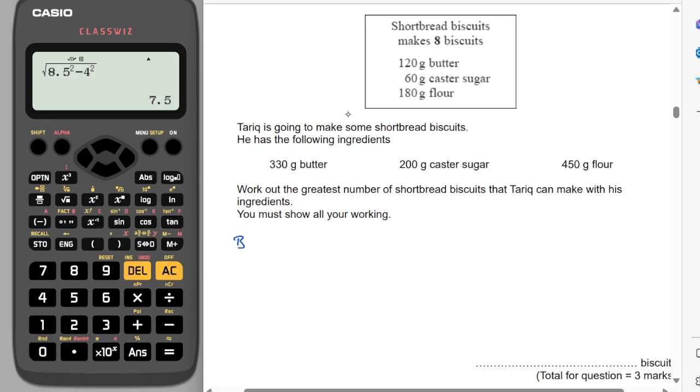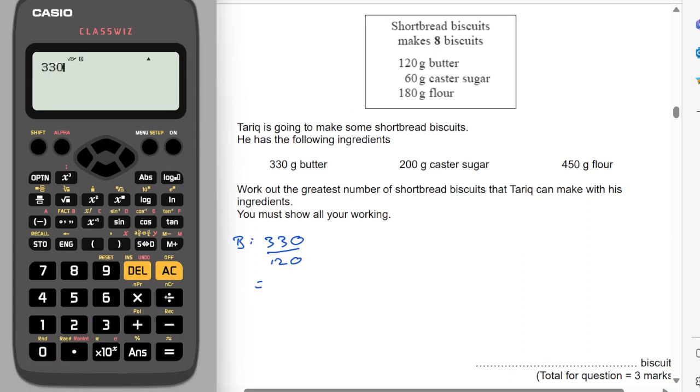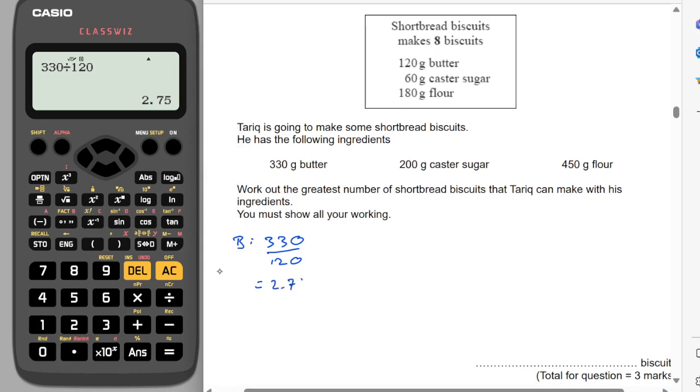If I look at butter first of all. So butter he's got 330 grams and each batch requires 120. So 330 divided by 120 gives me 2.75 batches making butter. If I do the same for caster sugar, I've got 200 grams.